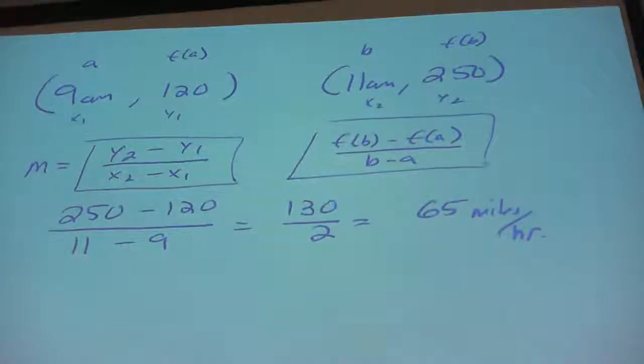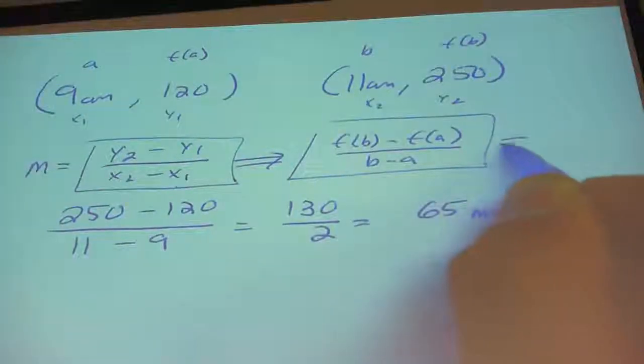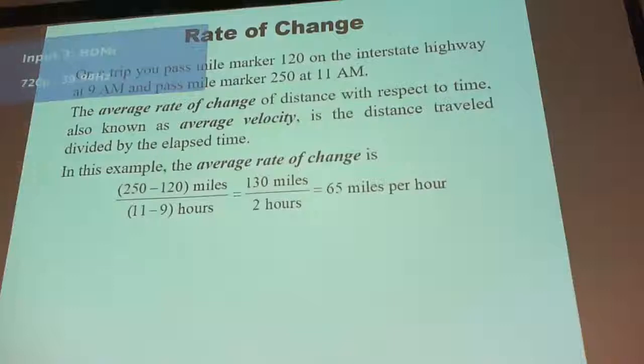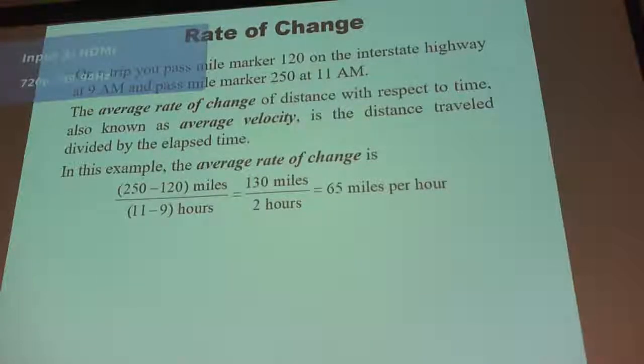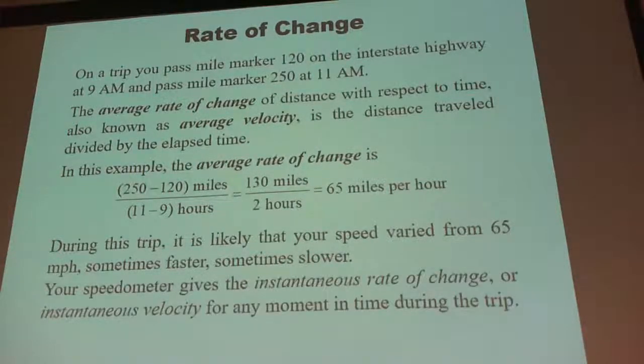So for now, y2 minus y1 over x2 minus x1 in function terms is f of B minus f of A over B minus A. So let's get us thinking from here to here. And then soon, I'm going to get you to another form of it that's basically the same thing. Okay? So, average rate of change, it's slope, we know how to do it, things are good. During this trip, it's likely that you vary speed from 65 miles per hour, sometimes faster, sometimes slower.